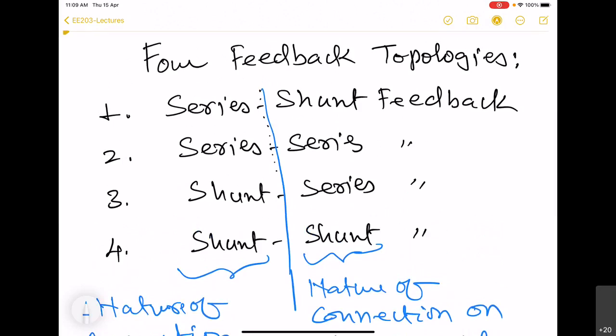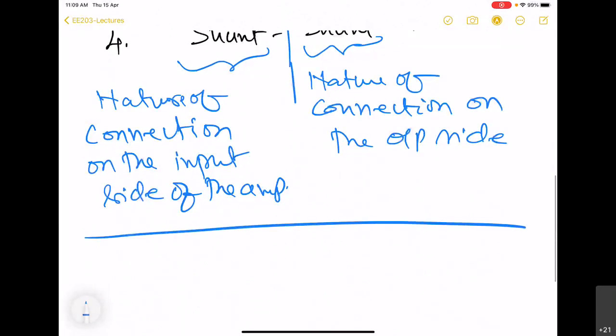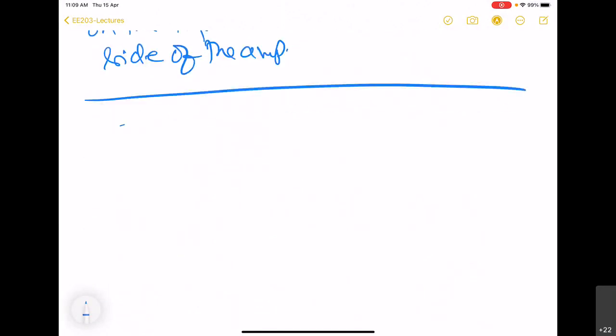So we have these four categories, and all of them will be dictated by one of the amplifiers. The first type of amplifier that we will consider, which will lead to series-shunt feedback, is the amplifier for which the input impedance is infinite and the output impedance is 0.